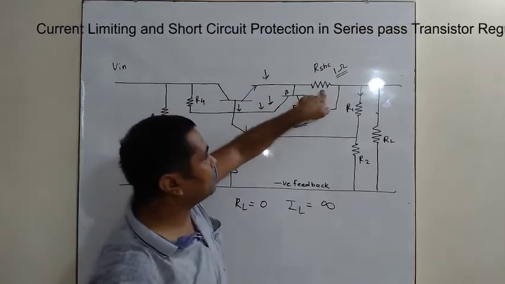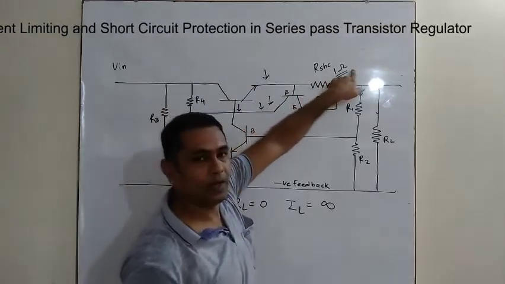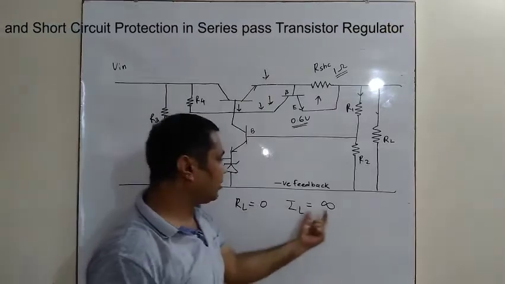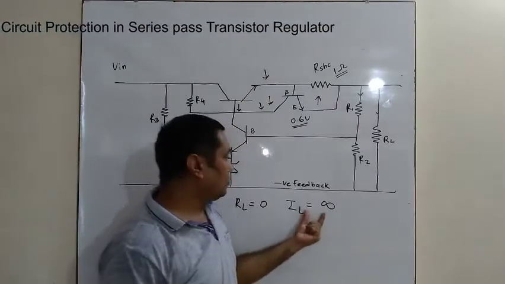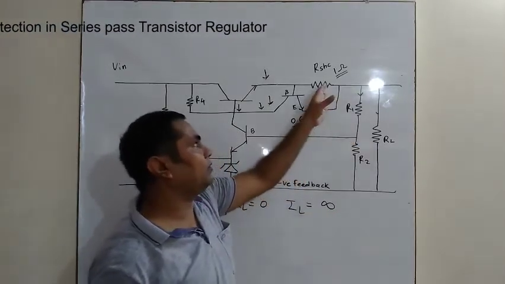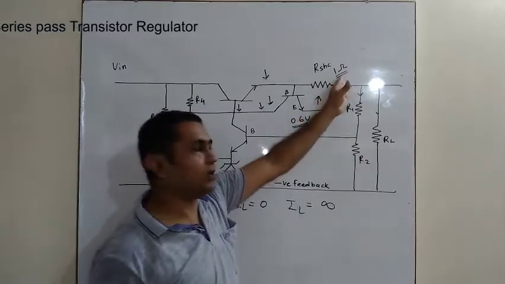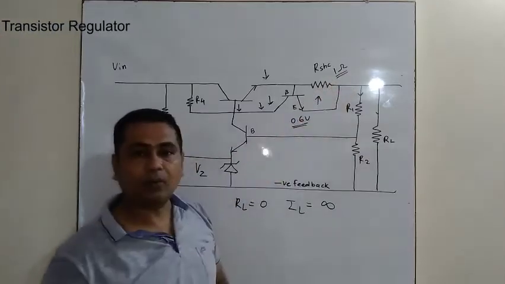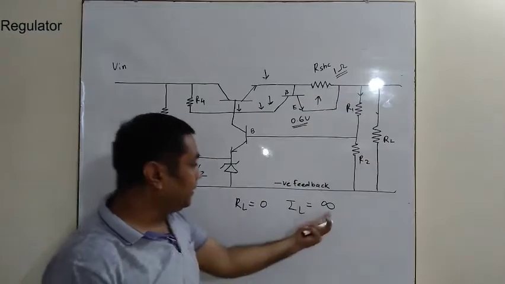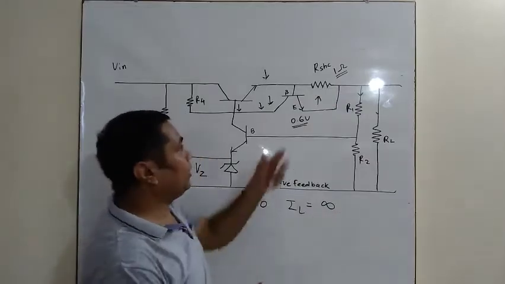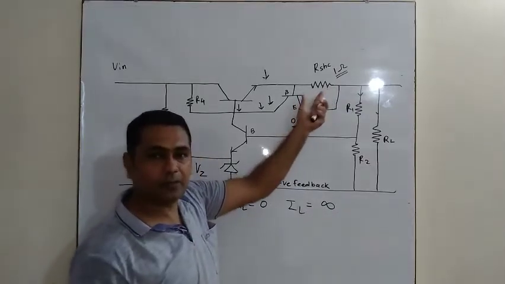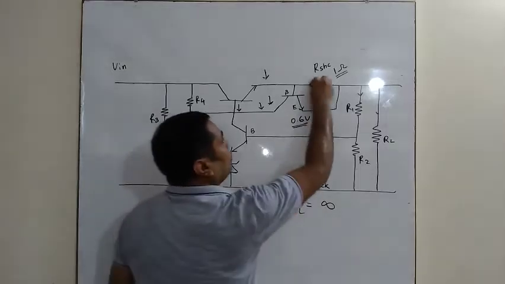Now the resistance value here is 1 ohm, and a 1 ohm resistor cannot handle infinite current. If that much higher current is given to a small value resistor, this resistor will become hotter, and it will almost burn out, and if it burns out, it will create an open circuit.